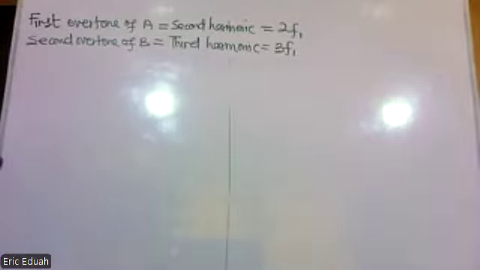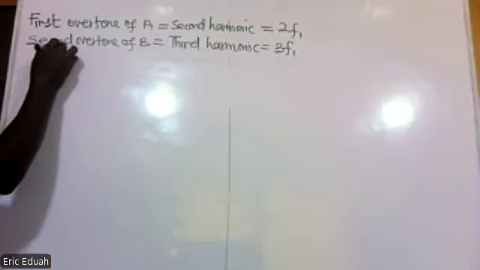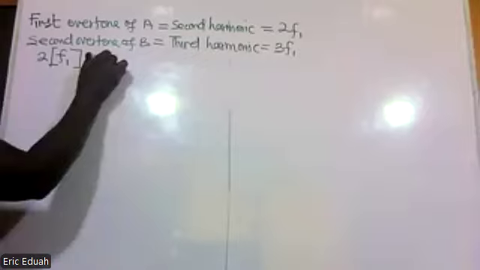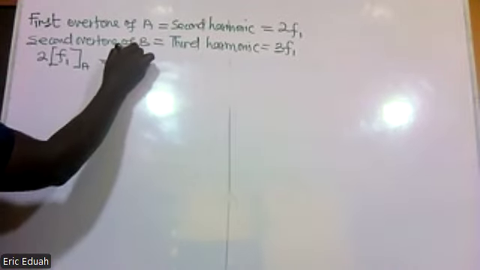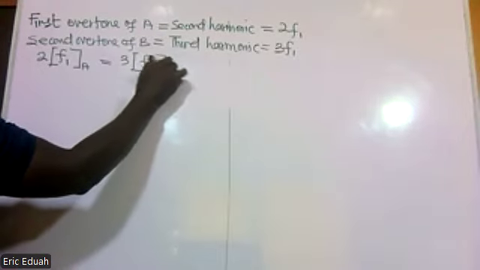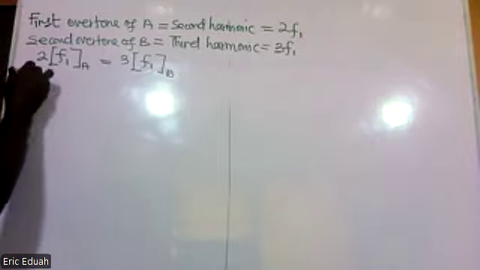So basically, all that they are saying is that 2 times F1 of A is equal to 3 times F1 of B. And what is F1?